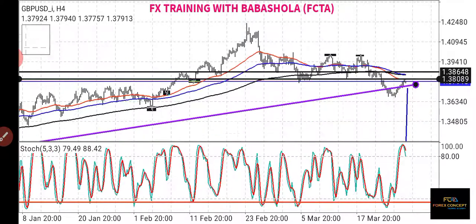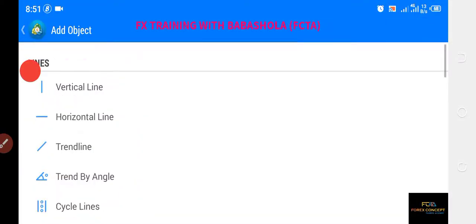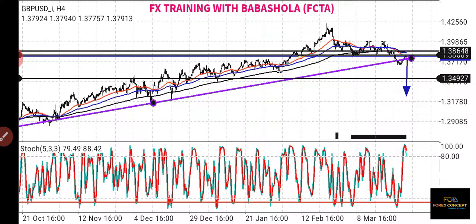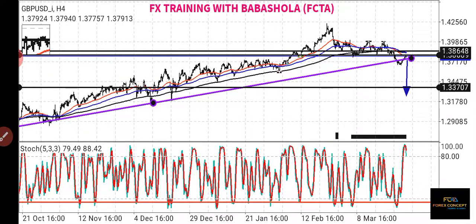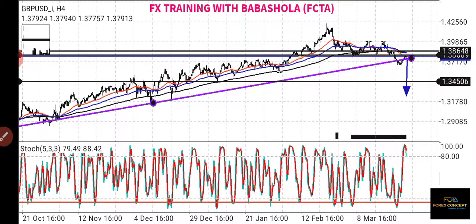Well, our TP will be at the next important support level, which I would say will be 1.34392.